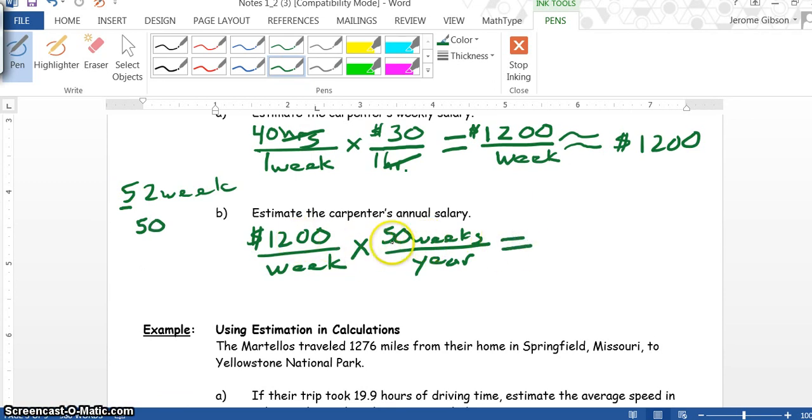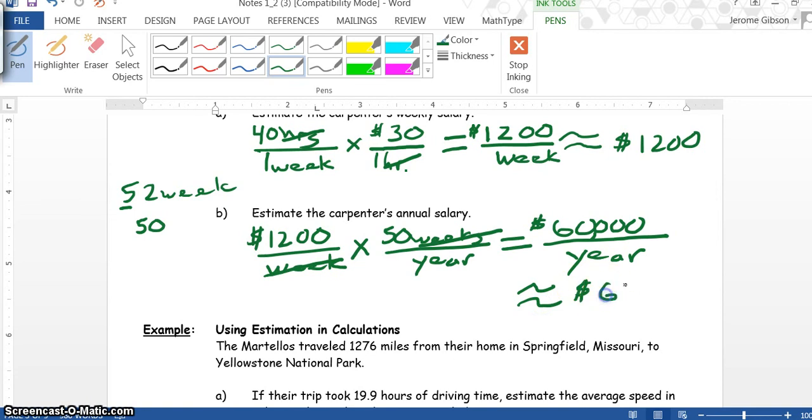Now we multiply 1,200 times 50, which gives us $60,000. Weeks and weeks simplify out, and that leaves us year. So it'll be approximately $60,000 in 1 year. That is the approximate salary.